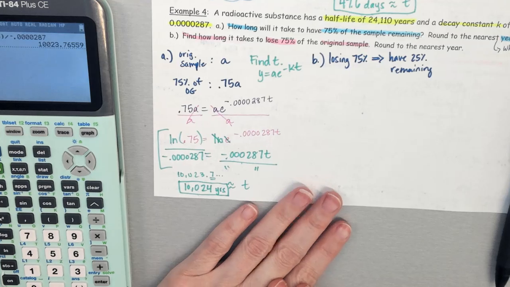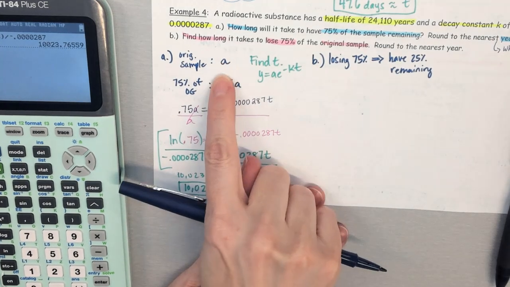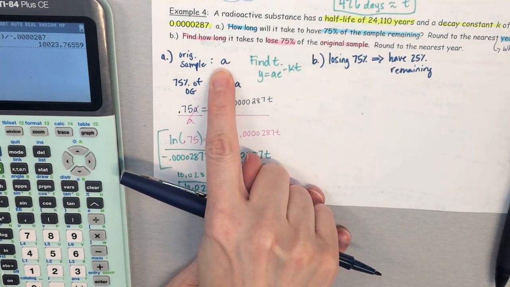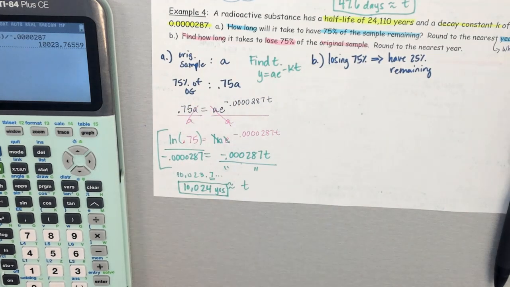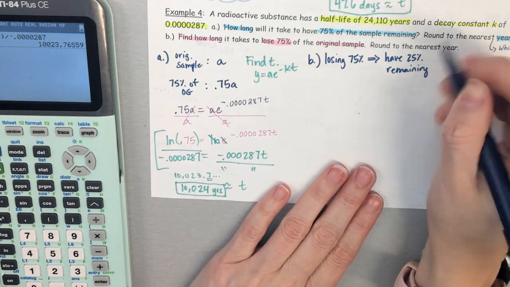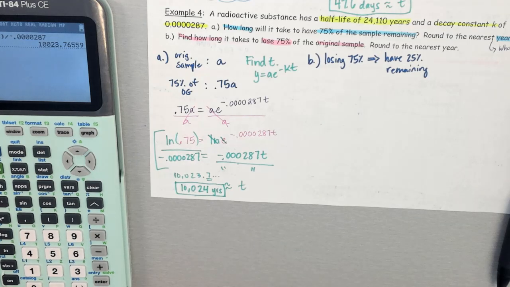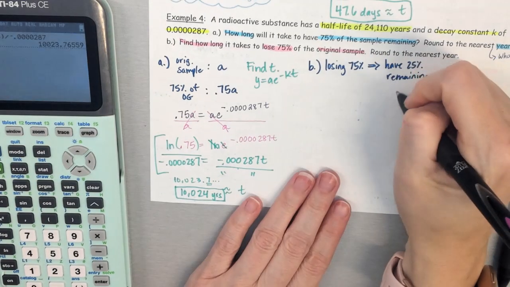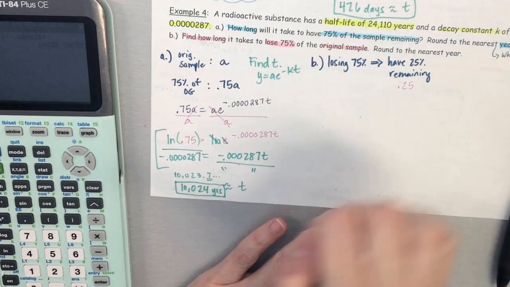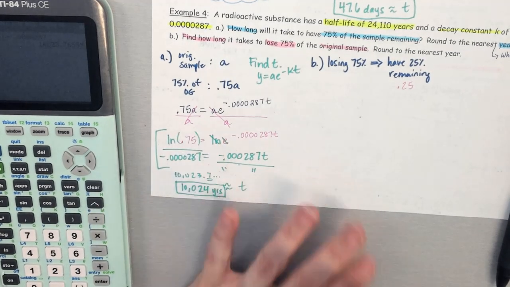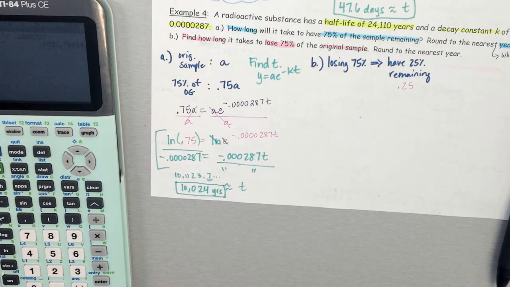Okay, so another way you can do this, I showed you in the first one is, think of your original sample as A and then do 75% there. Okay, you can also think of your original sample as 1 like we did before, and you can write the 25% remaining as 0.25. Because just like we had with the variable here, we divided by A, those are going to cancel out.